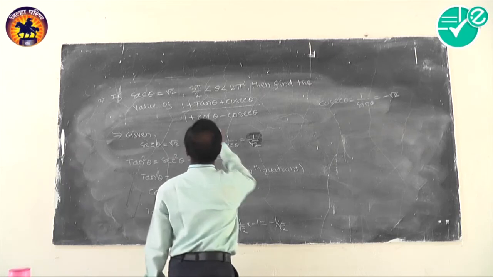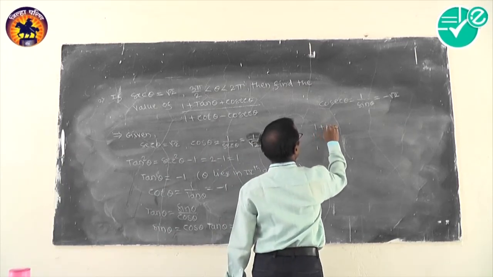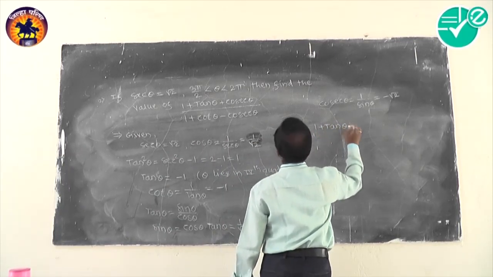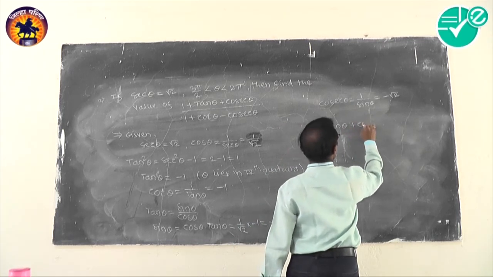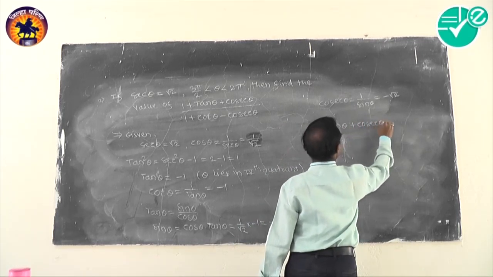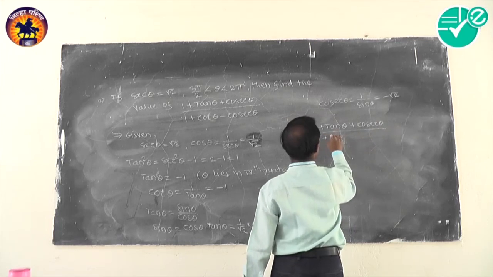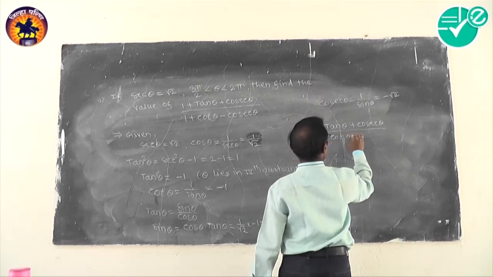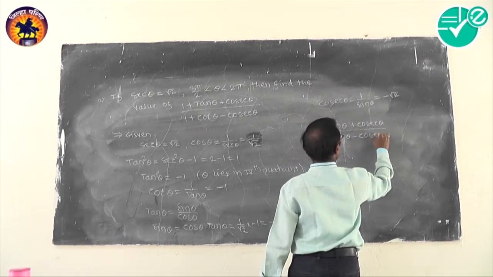Now we want to find 1 plus tan theta plus cosec theta divided by 1 plus cot theta minus cosec theta.